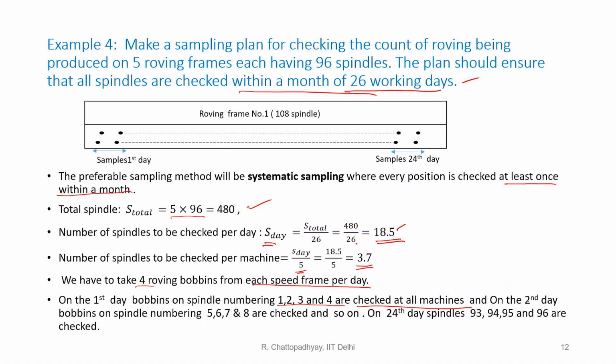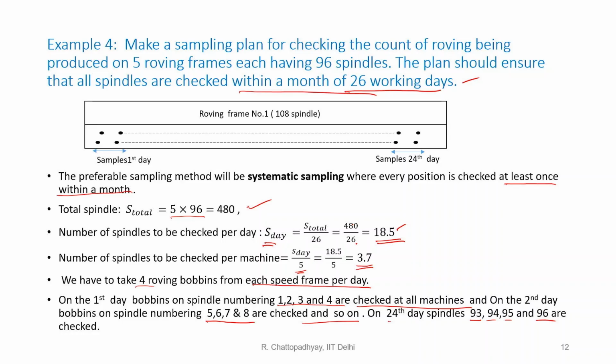On the second day, we check the 5th, 6th, 7th and 8th spindle. Like that we move on. And on the 24th day, the 93rd, 94th, 95th and 96th spindles are checked. So by 24 days, all the spindles will be covered, or all the bobbins will be covered.